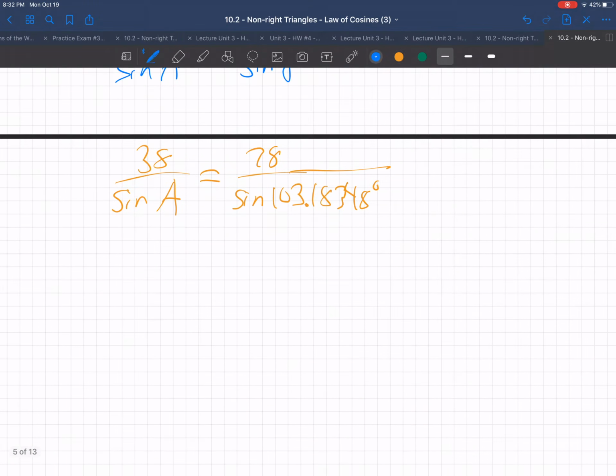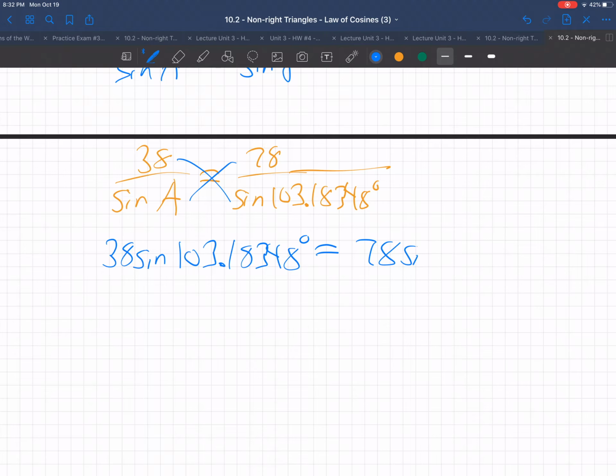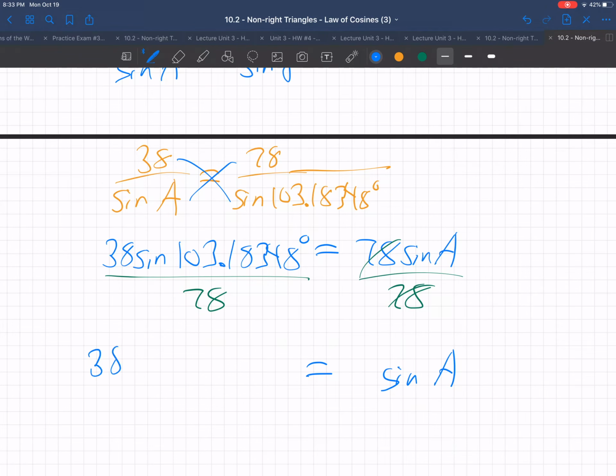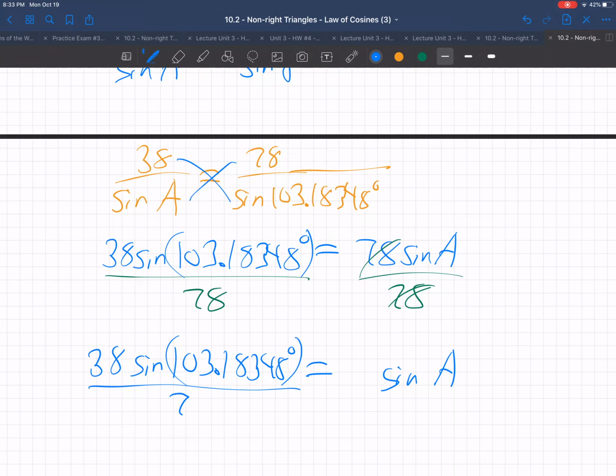Okay, so now we solve diagonal, diagonal: multiply 38 sine of 103.18348 degrees is 78 sine capital A. Divide by 78, and we get sine of capital A is 38 sine of 103.18348 degrees over 78.